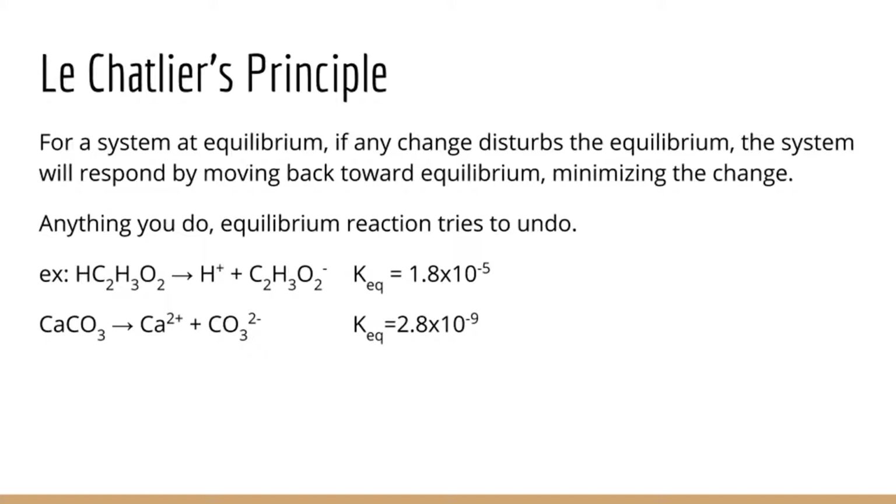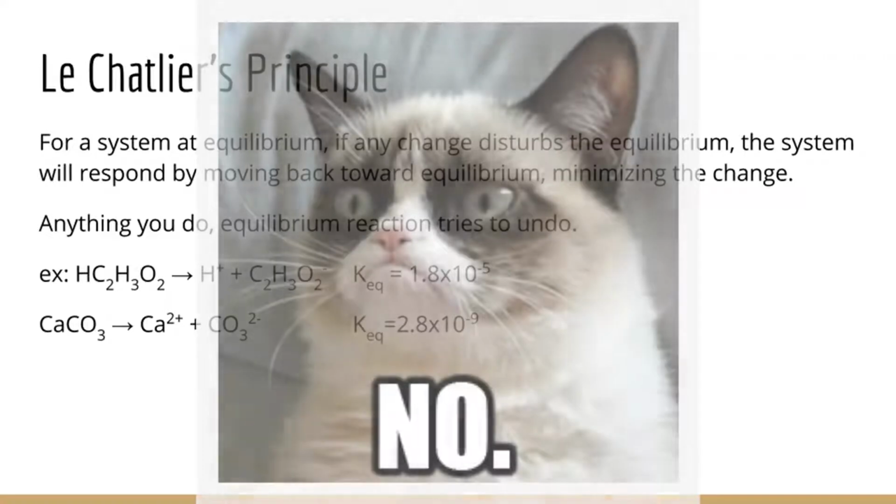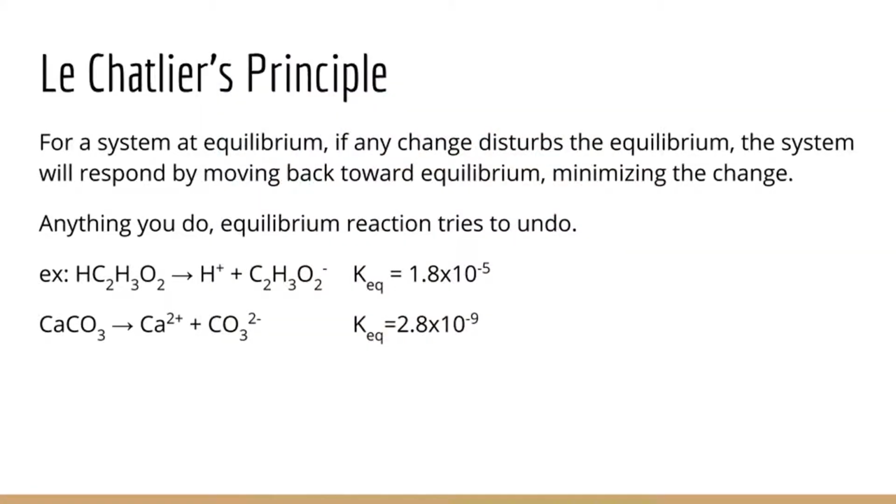Whatever change you make, the system will try to undo. The equilibrium will shift in such a way that whatever change you've made will be minimized. Or, in other words, every equilibrium out there is the grumpy cat. Okay, let's take a look at some examples.